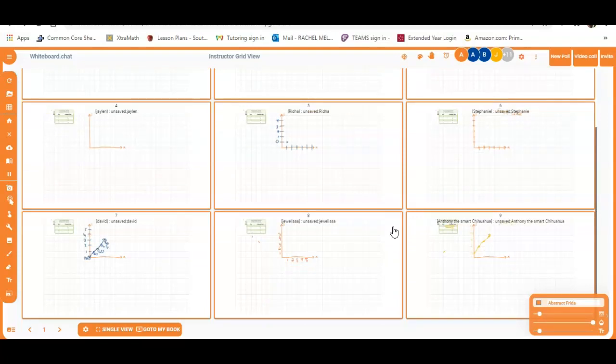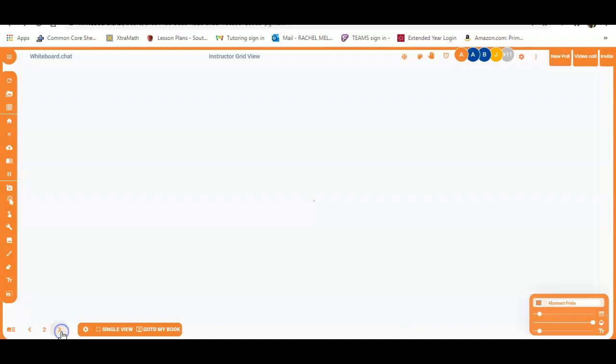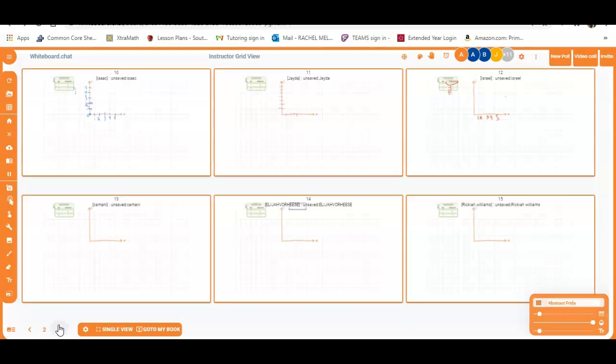She's one of the only ones that I see that has the title for the whole graph. David, you need some labels in there. Anthony, your graphing looks great, but don't forget your labels. Isaac's looking pretty good. Jada and Israel have a good start.